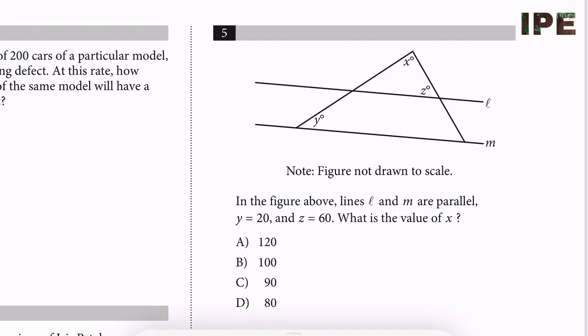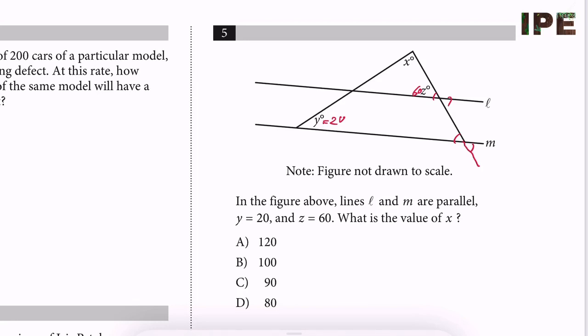Number 5. I told you the parallel lines problem and triangle problems are combined in the SAT. In the figure above, lines L and M are parallel, y equals 20, and z equals 60. Then what is the value of x? Because these two lines are parallel, these 4 angles are congruent, right?